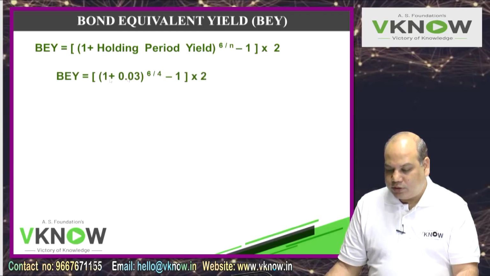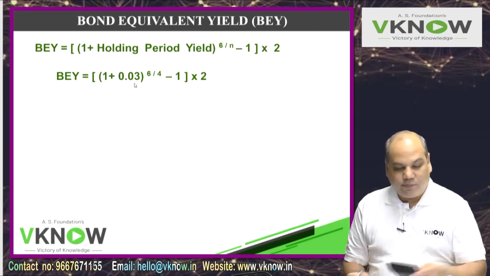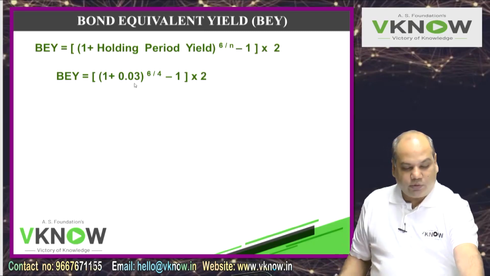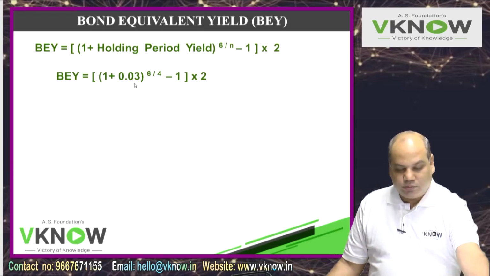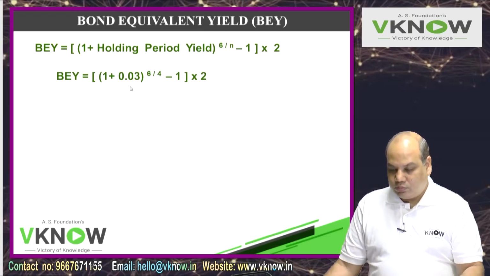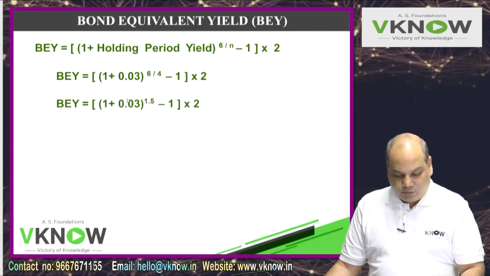So write down the numbers like this, 1 plus 0.03 to the power 6 by 4 minus 1, bracket close, into 2. So simplify: 1.03 to the power 1.5, minus 1, bracket close, into 2.